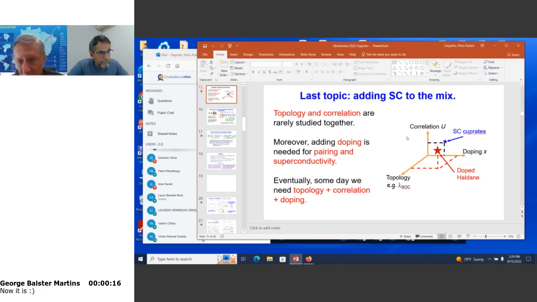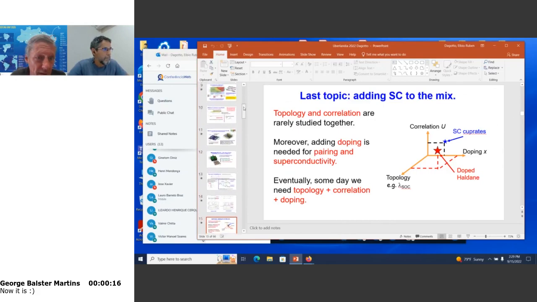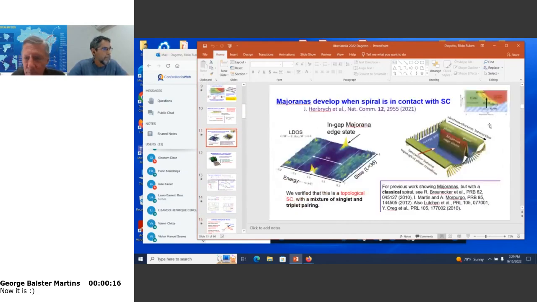That may easily happen. Now, our case is a counterexample, because after all, the way we are selling this story is that in order to get the Majoranas, you need the spirals. And in order to get the spirals, you cannot just stay in weak coupling, which I'm trying to show here with the mouse.